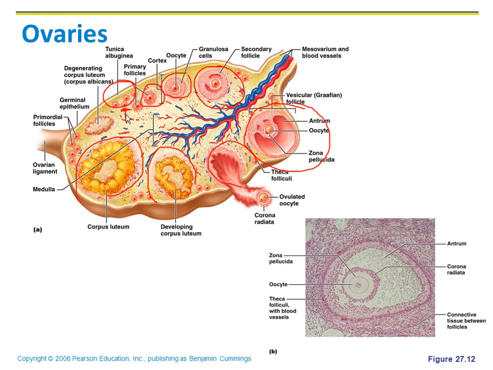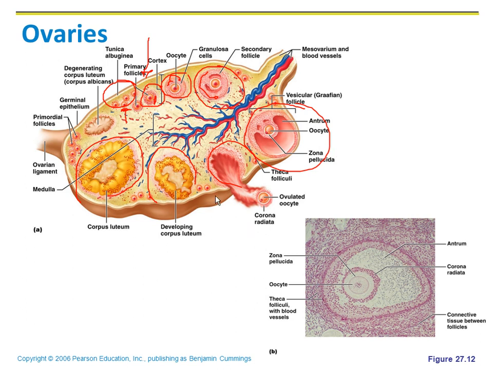They would have one layer of follicle cells around them. Puberty came, magic happened, hormones started to hit that primordial follicle, and the cells started to divide. So what you're seeing here are layers of cells. And remember, once we have layers of them, we call them granulosa cells. So we're going to go through the developmental stages. I just wanted to start by showing you that these follicles do go through a series of developmental processes.